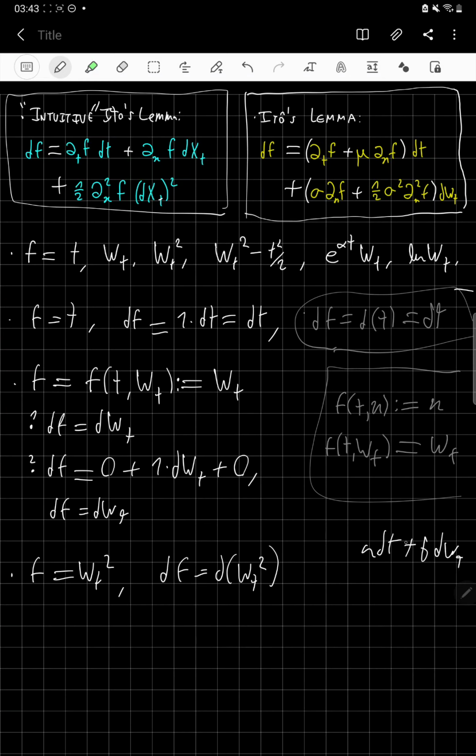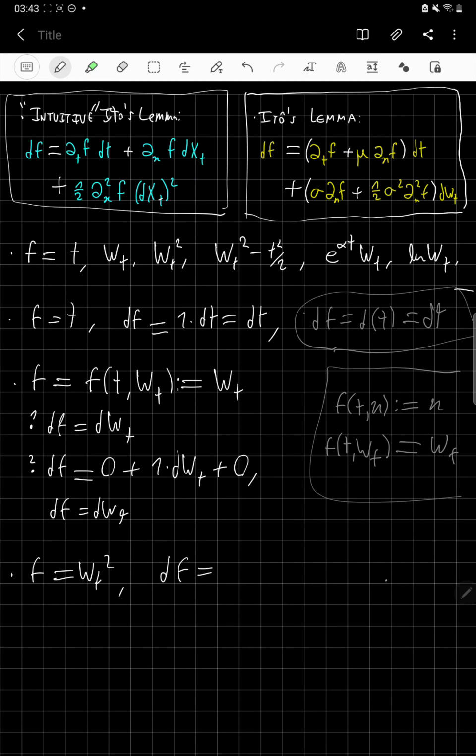This is what we always want, but this is not in that form. Usually it's Wt, because Wt is the main stochastic process that we're interested in when we do Ito calculus. It's the one we know how to handle, or that we pretend to understand at least. So df equals this.